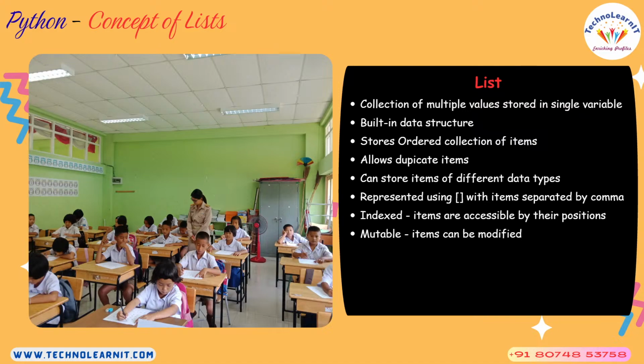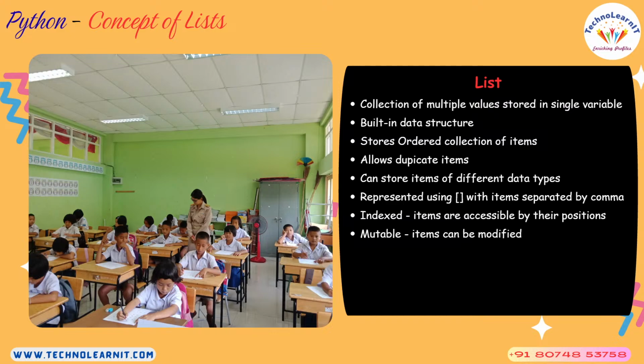List is a data structure that stores an ordered collection of items or elements. I'll show you practically in some time how you can treat a list as an ordered collection of items. Also keep in mind that a list allows duplicate values to be stored within it.